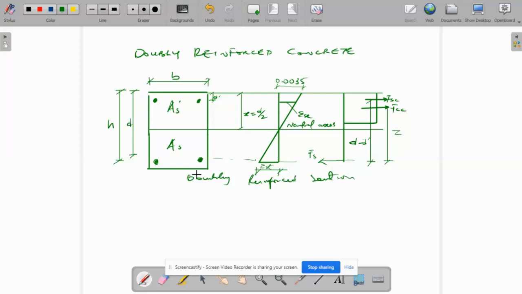The next thing we do is equilibrium. The force in tension steel will be equal to the force in compression, so we balance FSC plus FCC.